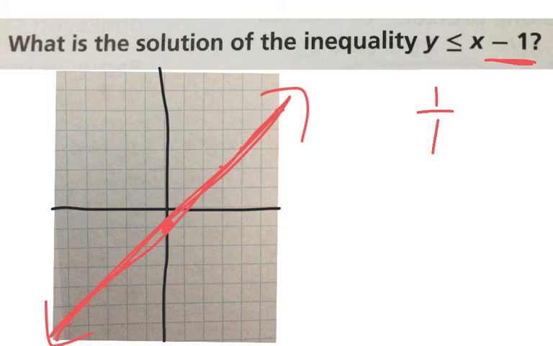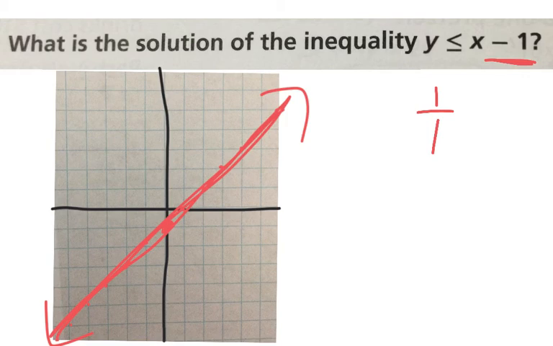What you can do is pick any point on the graph. Make sure that point is not on the line. So is 2, 2 on the line? It's not. It has to be not on the line. So we can pick 2, 2. If I plug in 2, 2, does it make the inequality true or false?